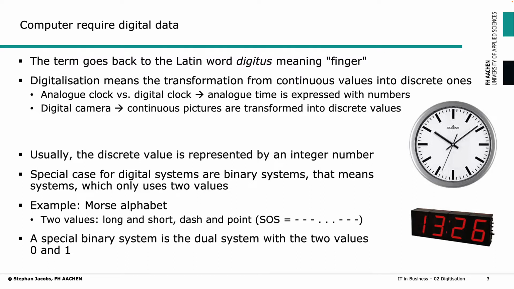And you haven't been able with the fingers to calculate, for example, 1.5 or 1/3 or something like that. So you have just discrete values, just the numbers 1, 2, 3, and not the numbers in between. You have not these continuous values, but just discrete ones.